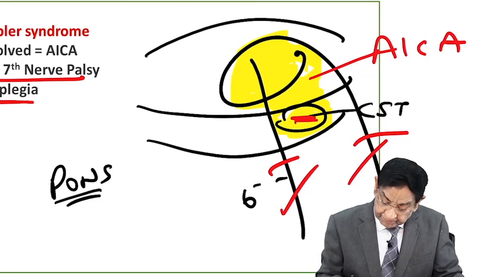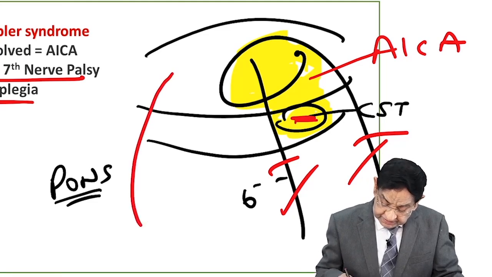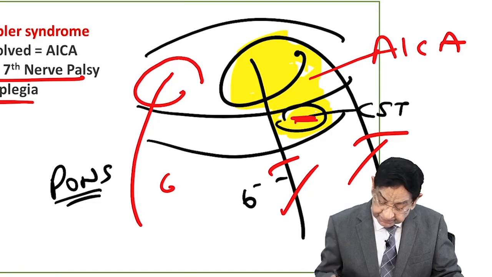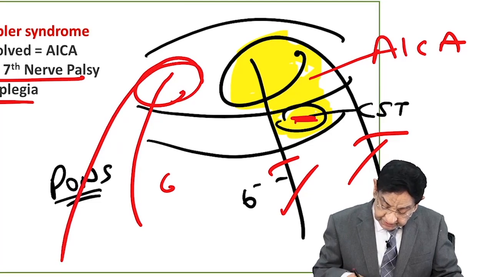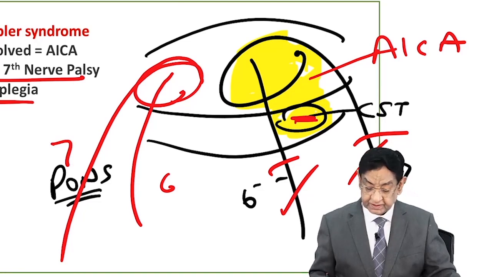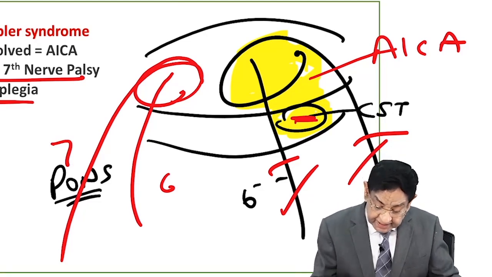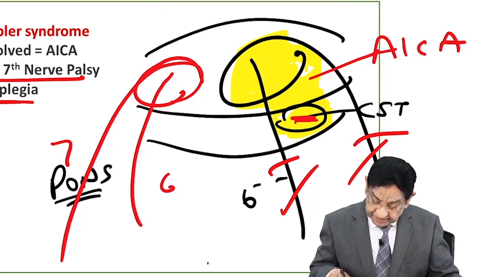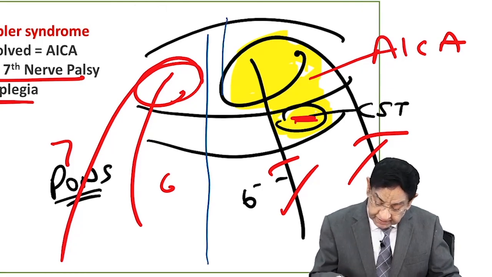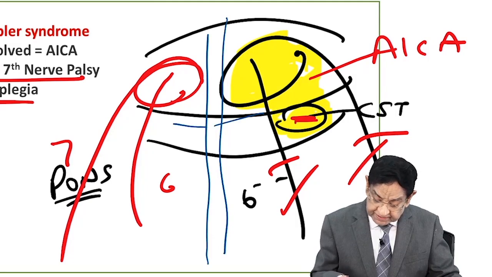Now let us see one more thing. We got one patient, 6th nerve, 7th nerve, and we get a basilar artery, and the basilar artery supplies the pons.